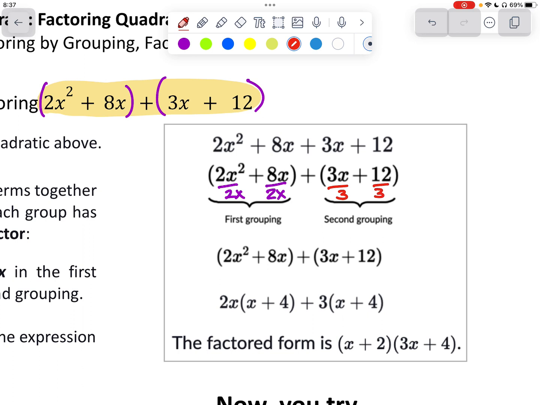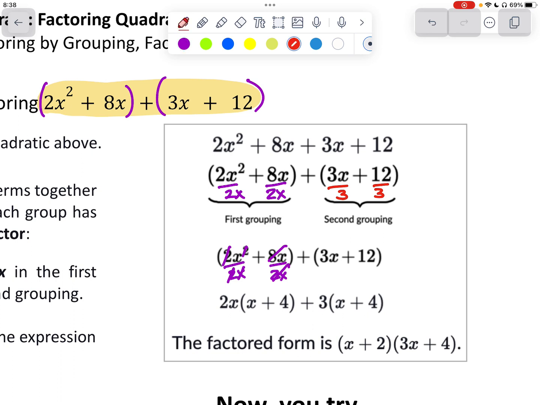So in the first grouping, we're going to factor out that common factor of 2x. And that leaves us with just x plus 4. So the 2's reduce out, your x's cancel all except for the 1, and then 8x over 2x gives us 4. So we've grouped the first 2 terms together and factored out a common factor.